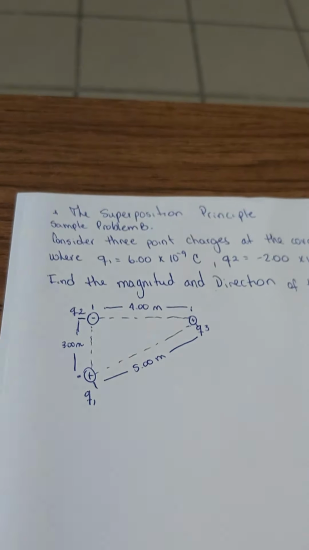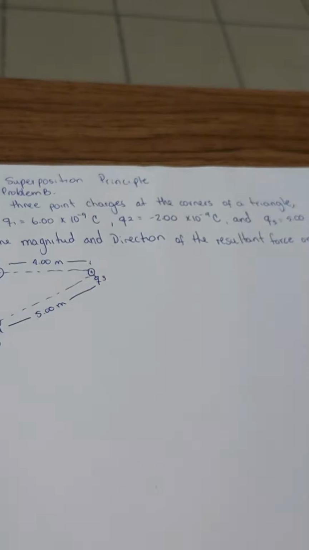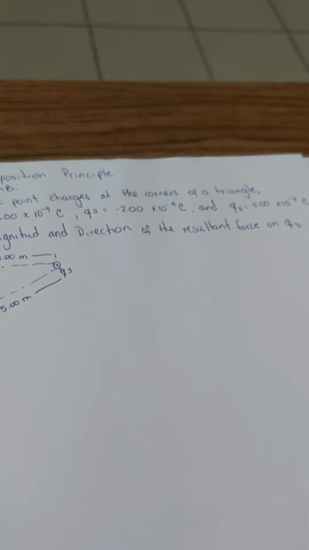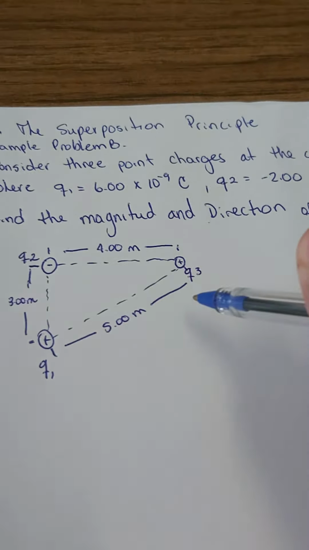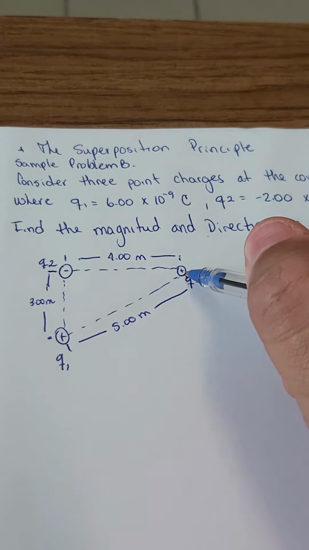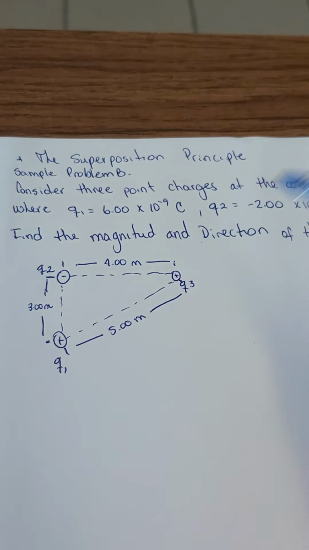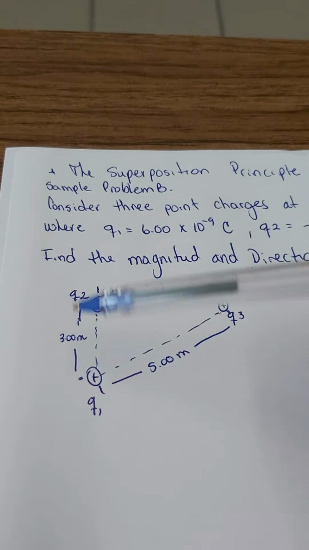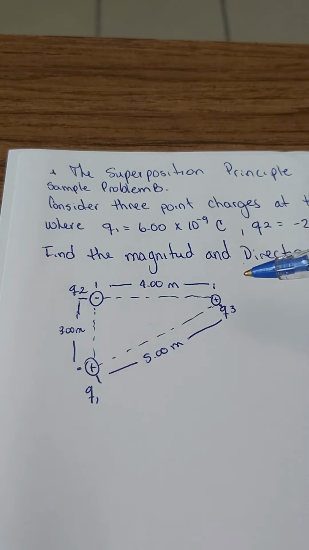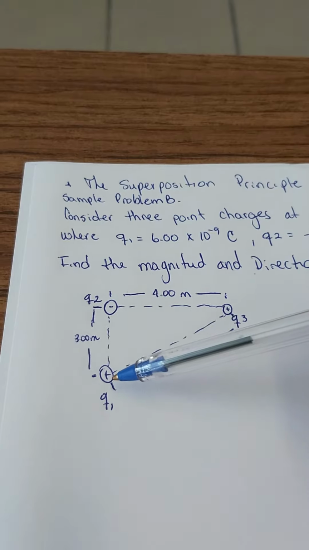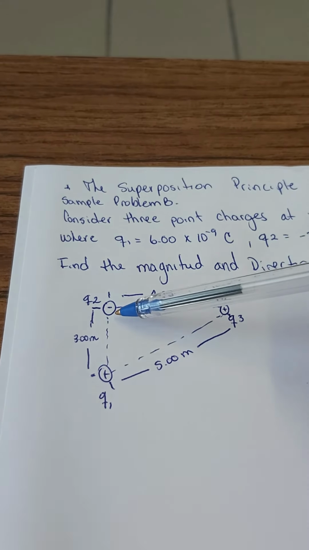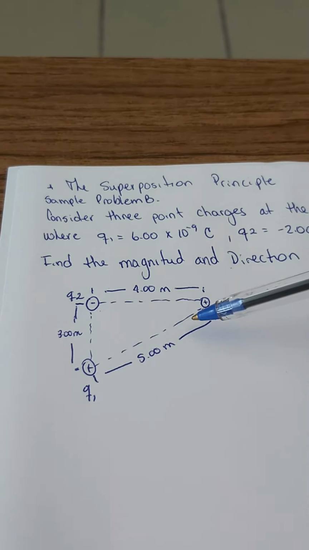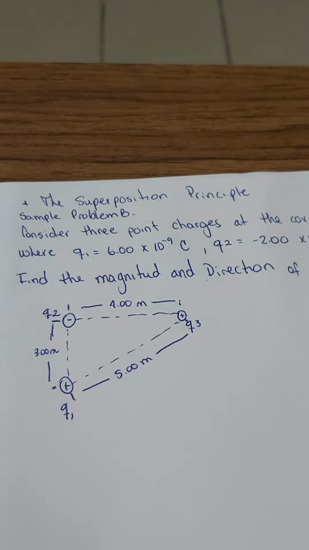Find the magnitude and direction of the resultant force on charge 3. Here I just wrote the symbols for the charges. Charge 1 is positive, charge 2 is negative, and charge 3 is positive.